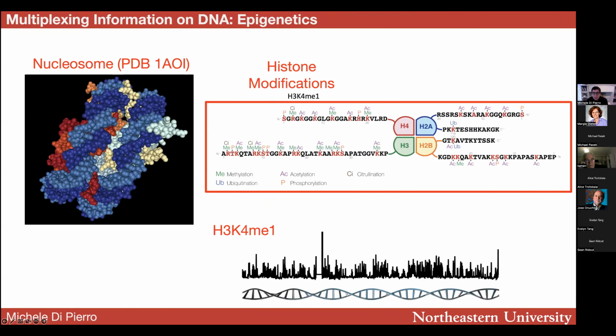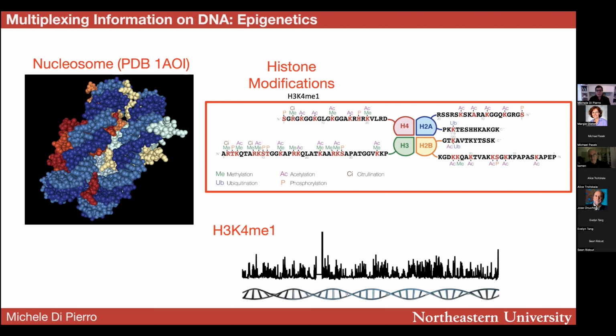We know that there is epigenetics, and epigenetics is sort of writing down different information on the DNA using post-translational modifications on the histone tails. This signal is different from the DNA signal in the sense that it can be written during the life of the cell, and it can modify the way the genome is translated.